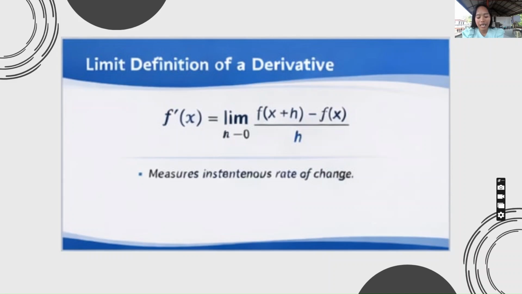This limit is what allows us to move from average rates of change to instantaneous rates of change, which is why it is central to all calculus. Essentially, this formula tells us how to calculate derivatives from first principles.